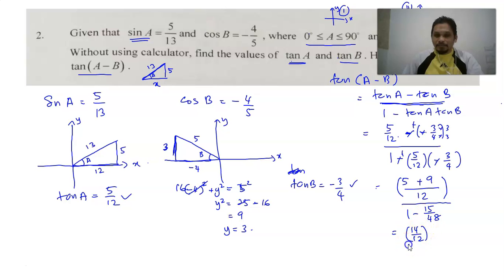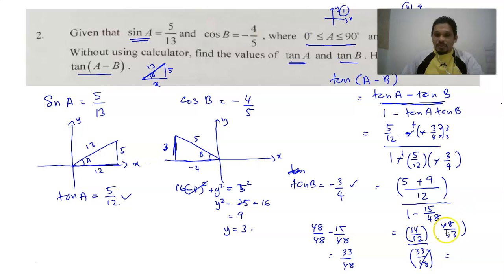And then 1 minus, okay, 48 divided by 48 minus 15 divided by 48 equal to 33 divided by 48. So it is now 33 divided by 48, or make this one here as 48 divided by 33.